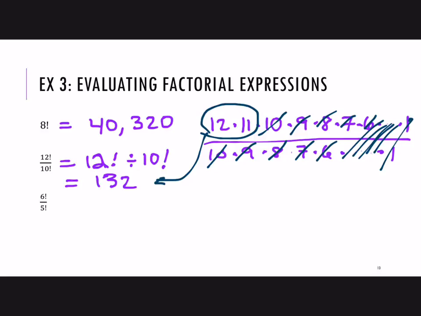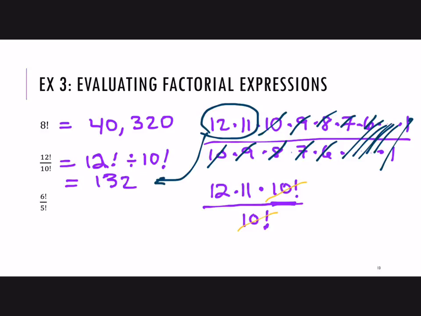Alright, so another way to write this, if you wanted to show this by hand but not have to write out all of those numbers, you could write this as 12 times 11 times 10 factorial, because that represents 10 down to 1, and then divided by 10 factorial. And so you see that we actually can cancel entire factorials as long as the number is exactly the same, 10 and 10, because that represents all of the counting numbers multiplied from 10 down to 1.